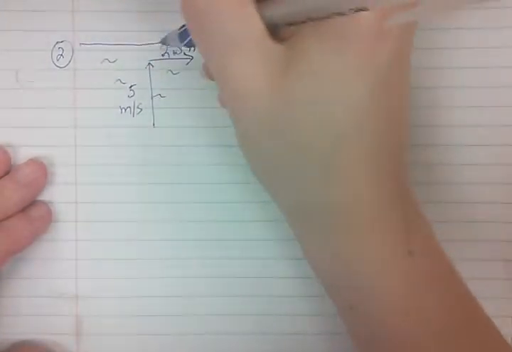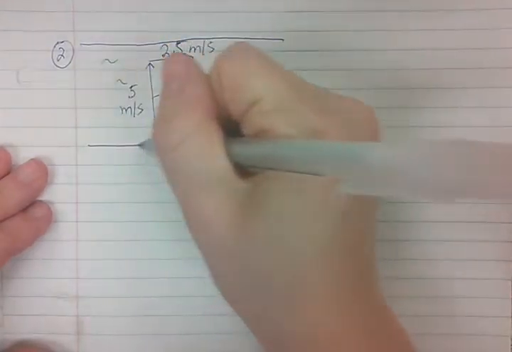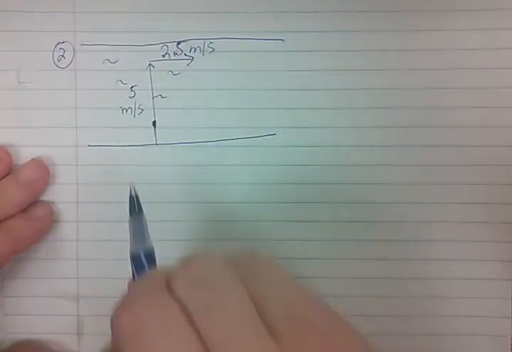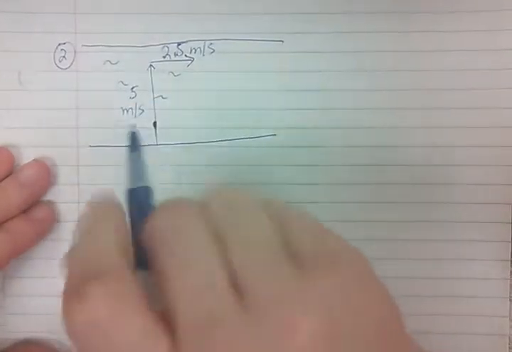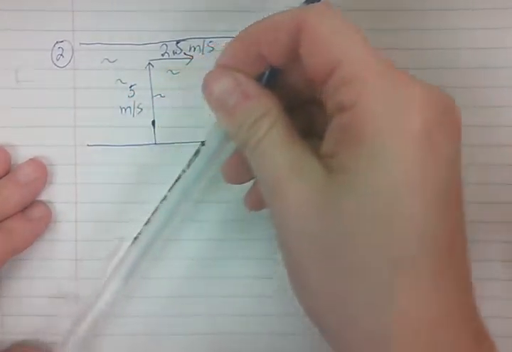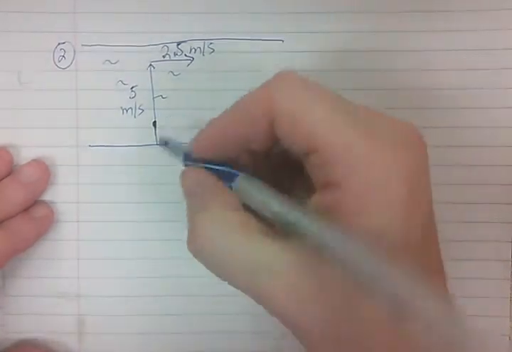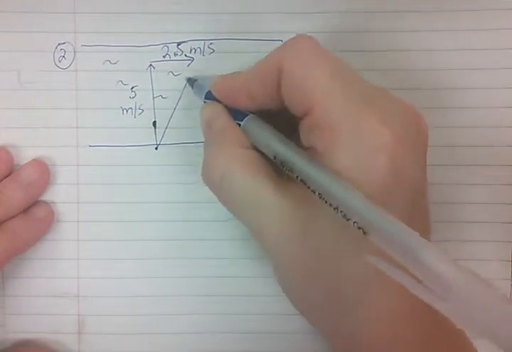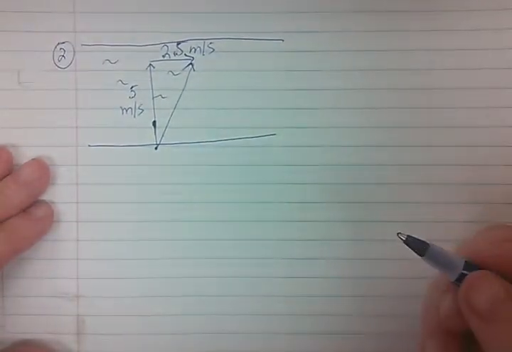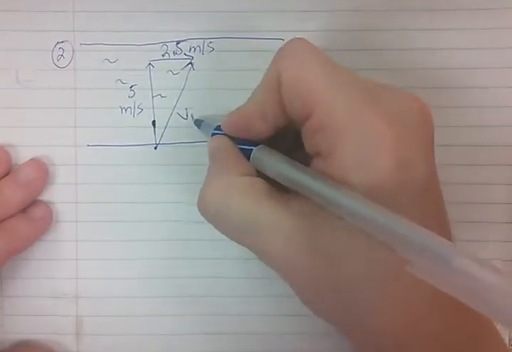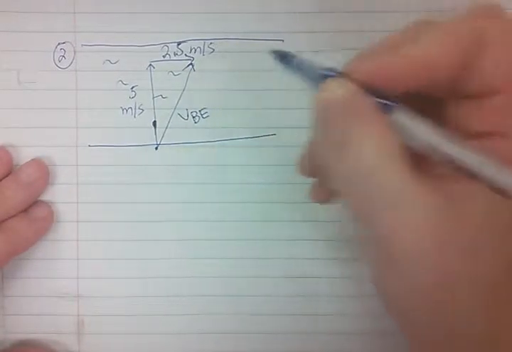And here are the banks of our river. So again, if the boat is originally headed that way, then the current is going to push it downstream like that. So we want to find that. Again, this is the velocity of the boat relative to the Earth.